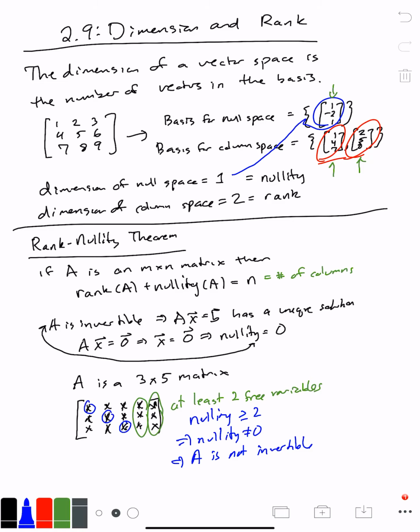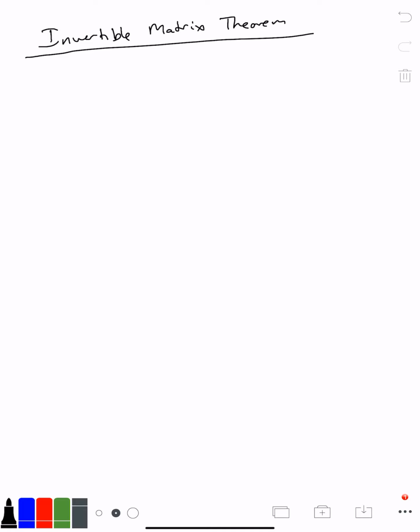Okay, the only other thing in this section is called the invertible matrix theorem. And it's probably the single most important linear algebra theorem in this whole class. And so I will go ahead and do this for you. Now, what this thing starts out with, it says TFAE.